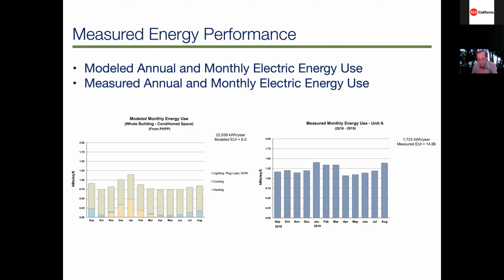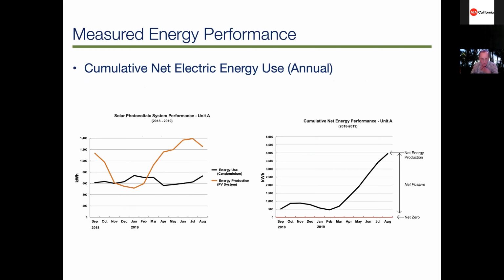You plot that energy used, and the solar PV for that unit's share is the red curve. And you can see it's almost always, except for the deep winter months, producing more than they're using. So on the right, the cumulative net energy performance, it's very net positive.